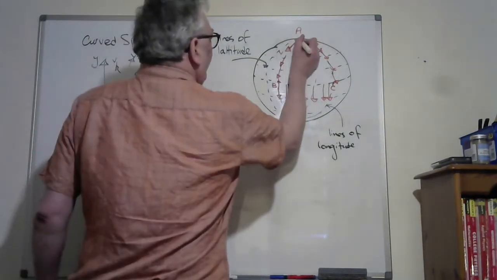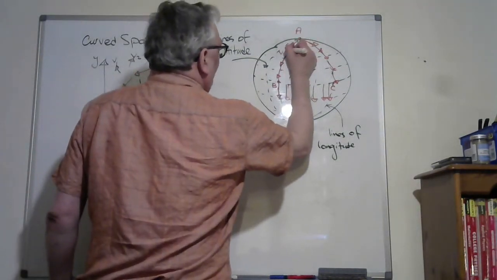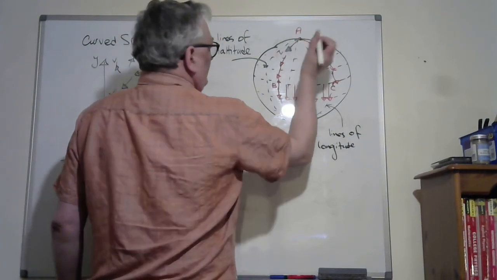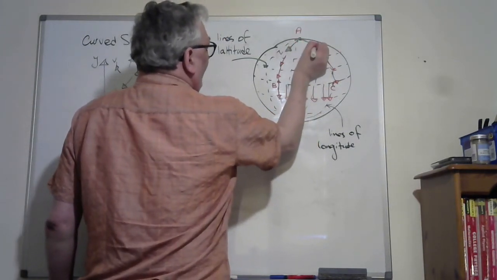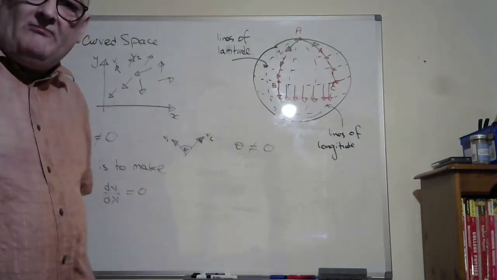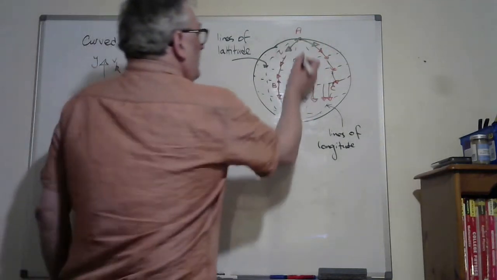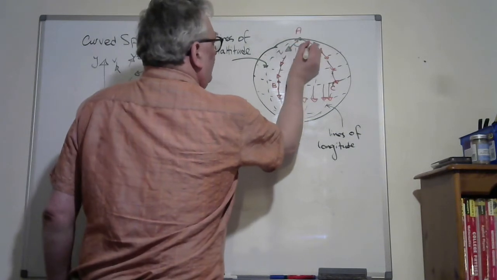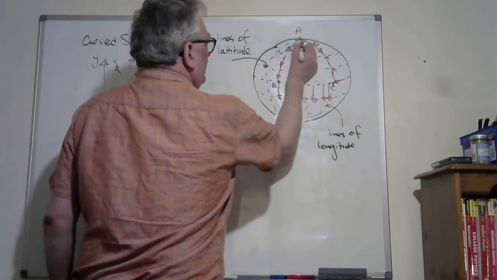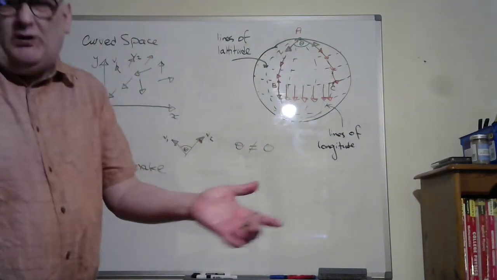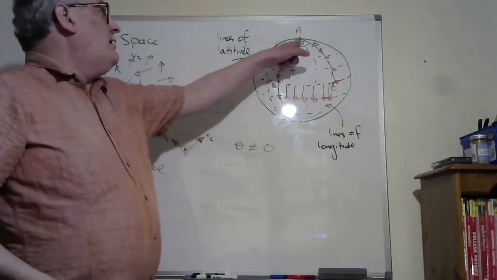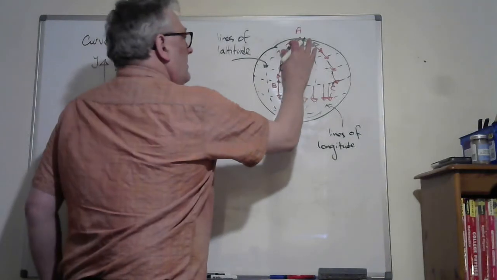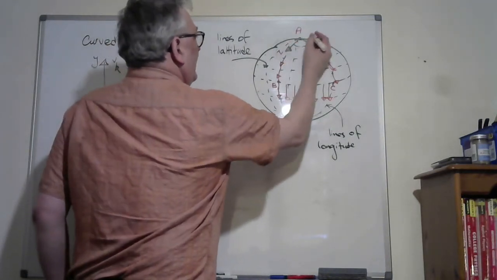And lo and behold, what do we have? We have a starting vector that's pointing in that direction and an end vector that's pointing in that direction. And there's an angle between them, which we'll call theta. I'm just plucking variables out of thin air here, but basically, that theta, let's call it something else.